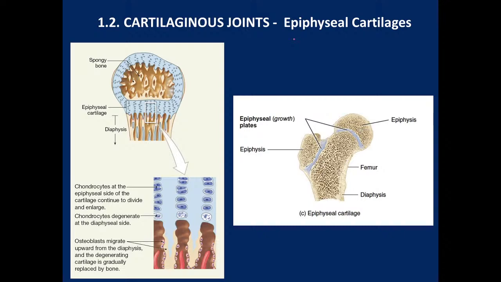What does it mean? Epiphyseal cartilages are actually growth centers. That is a growth center during endochondral bone formation, and they are not a joint associated with movement.